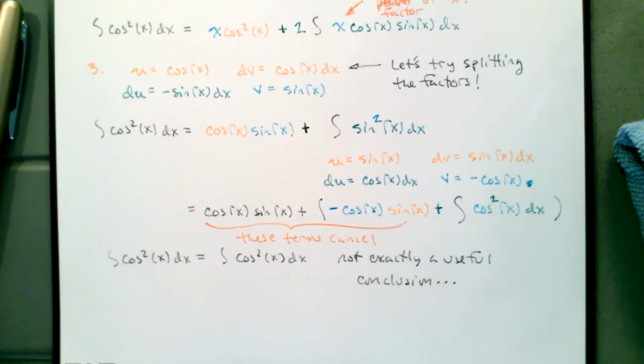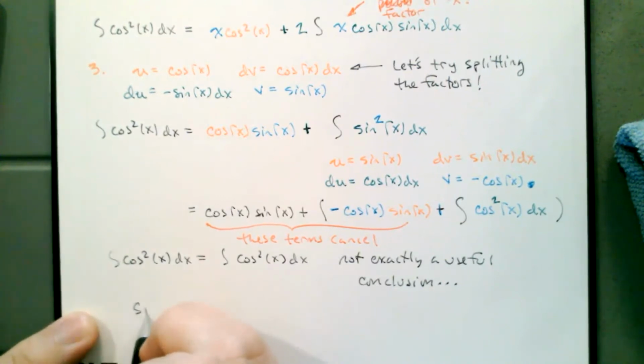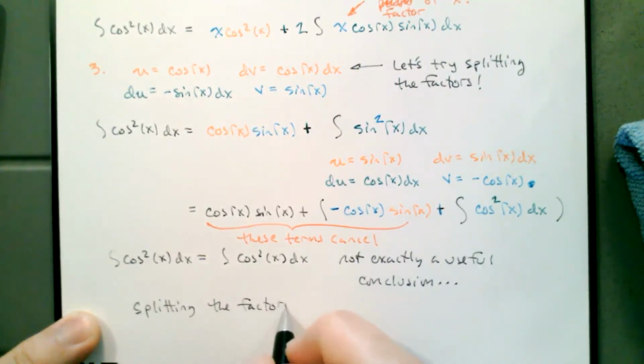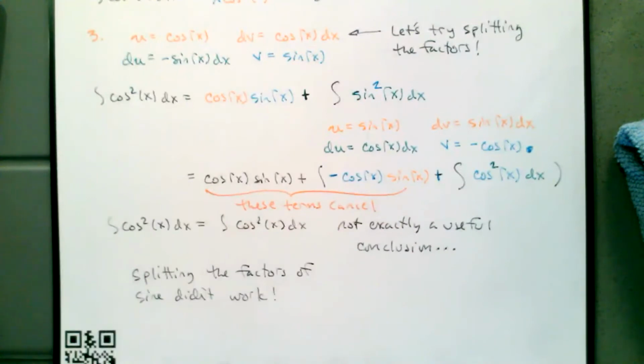Here's what we can do. So we're going to do a different thing. We're going to apply a trig identity to replace the sine squared with cosine squared.